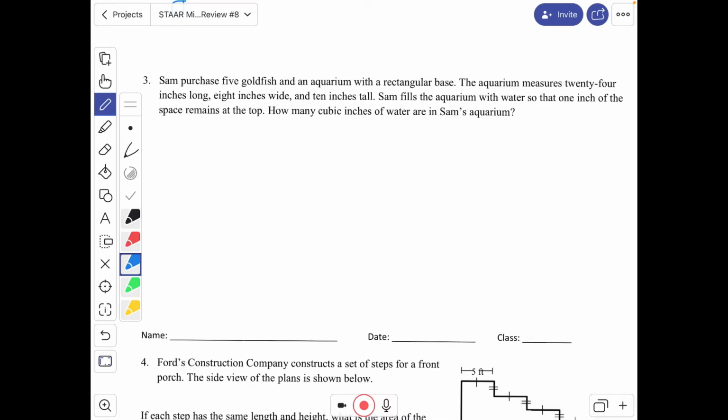Okay, so they're talking about cubic inches. Cubic inches is volume. Volume is in cubic. And the formula for volume of an aquarium that is rectangular is capital letter B, which stands for area of the base, times the height.